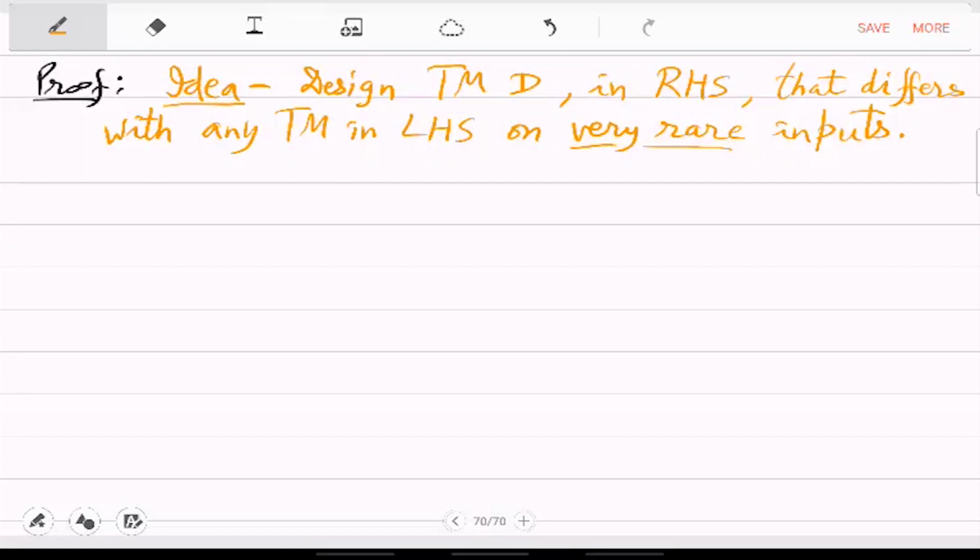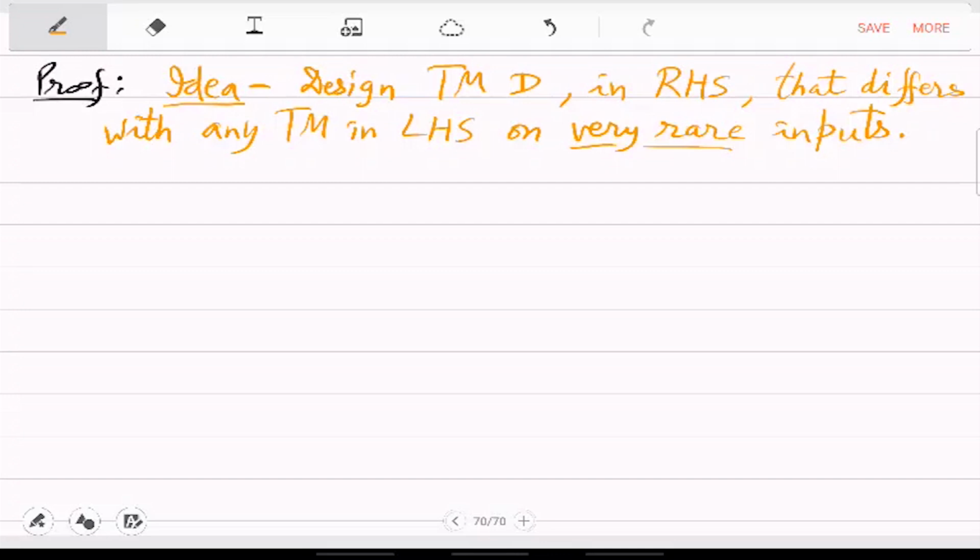Okay, so in fact it will not be wrong to say that, if you are thinking of n bit input, then D will differ with a particular Turing machine on the left hand side on very small sized inputs.